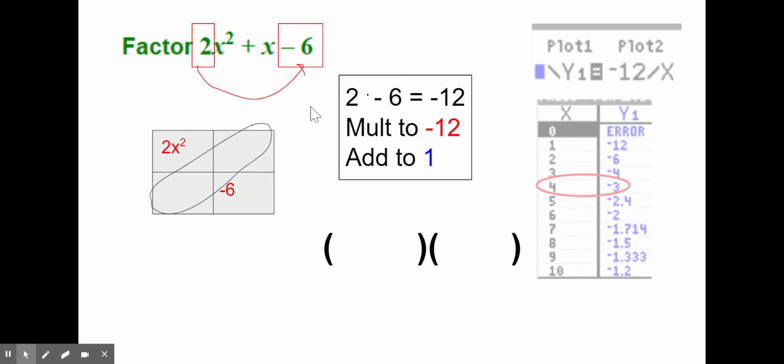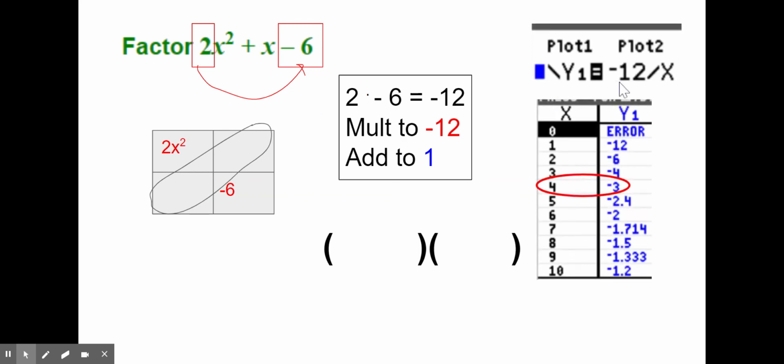If you don't know what they are, go to your calculator, y equals negative 12 divided by x, and look down your table for two factors of negative 12 that add to 1, 4 and negative 3. You can rewrite them as 4x and negative 3x and arrange them in your box. It doesn't matter what order.